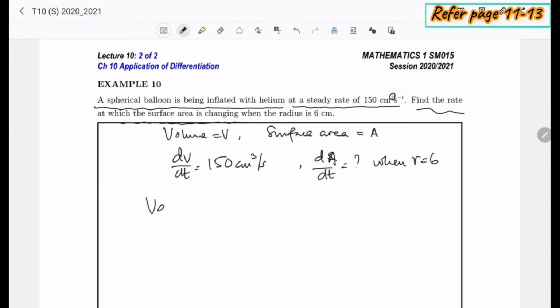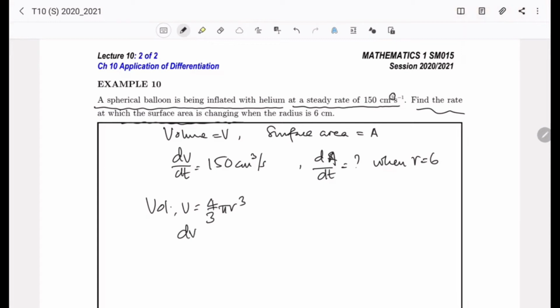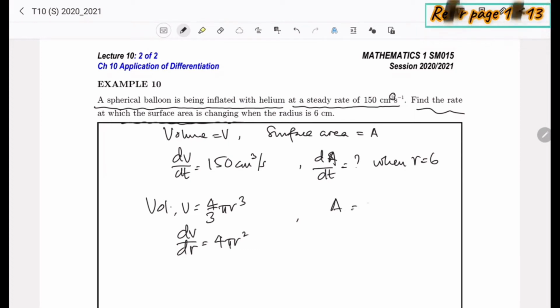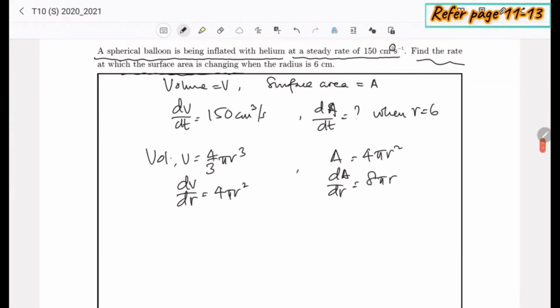So volume V will be 4/3 pi r cubed. So dV/dr, we get 4 pi r squared. So area will be 4 pi r squared, so dA/dr is 8 pi r. So we want dA/dt, so that will be dA/dV times dV/dt.